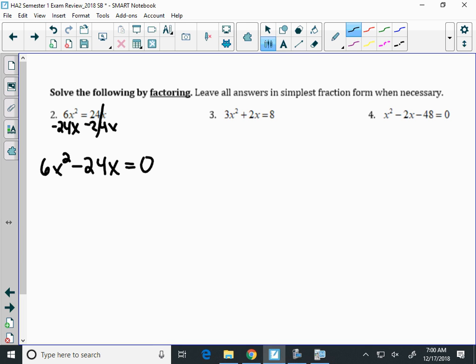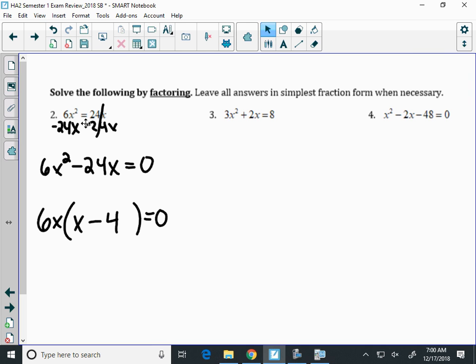To factor this, I have two terms. What I always start with when I factor is looking for a GCF, a greatest common factor. Here it looks like I have a GCF of 6x. So I factor that GCF out, and I'm left with x minus 4. Once I know factored form, that's as far as I can go, I set every factor that has an x equal to 0.